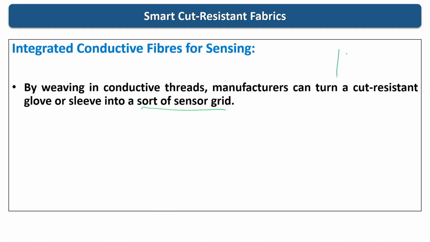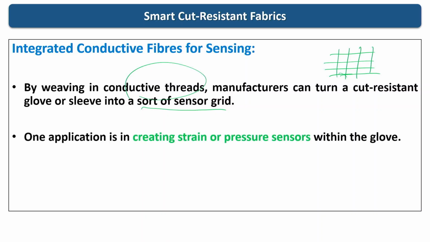So, by combining conductive threads with non-conductive threads, different grids we can create. One application is in creating strain or pressure sensors within the gloves. So, how much pressure is applied or how much strain is being generated during the cutting process, that can also be detected.